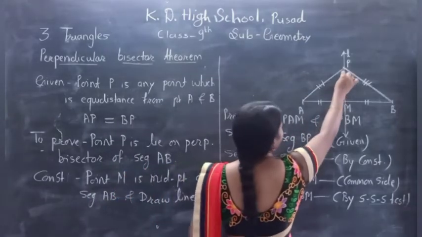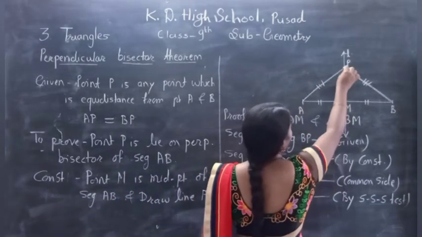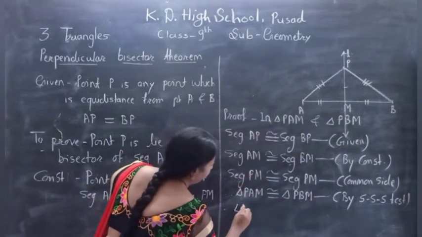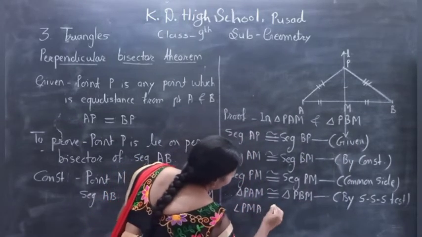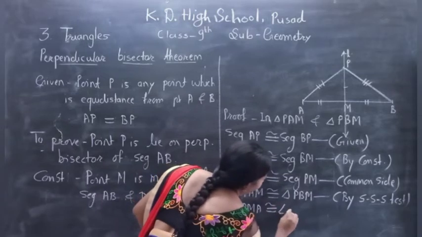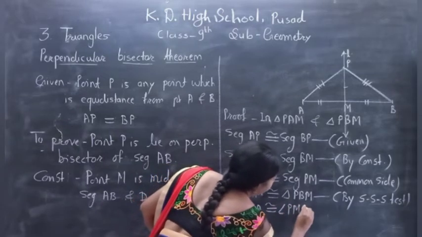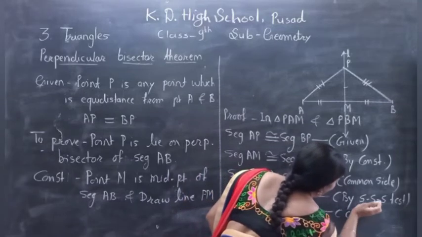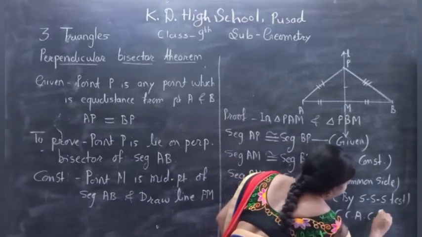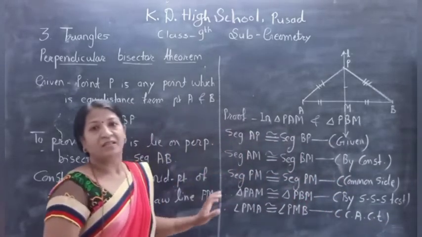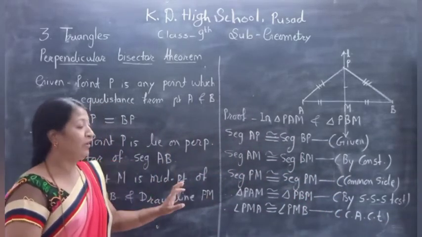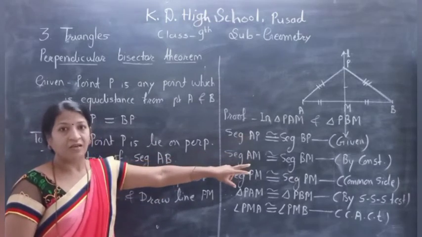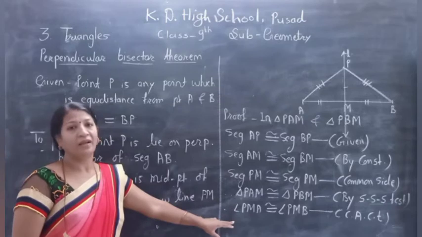Therefore angle PMA is congruent to angle PMB. What is the reason? That is the corresponding angles of congruent triangles. This part is common. We only show that two triangles are congruent by one of the tests, and we show that the corresponding angles are congruent.